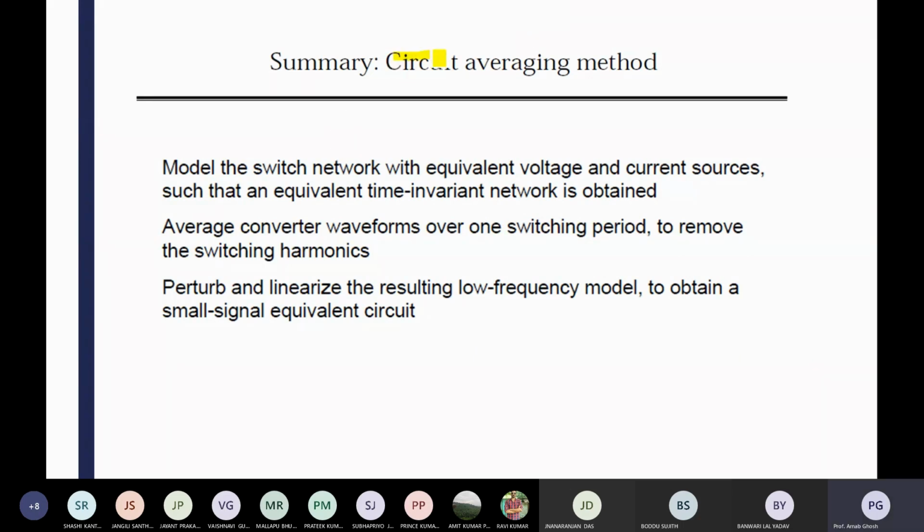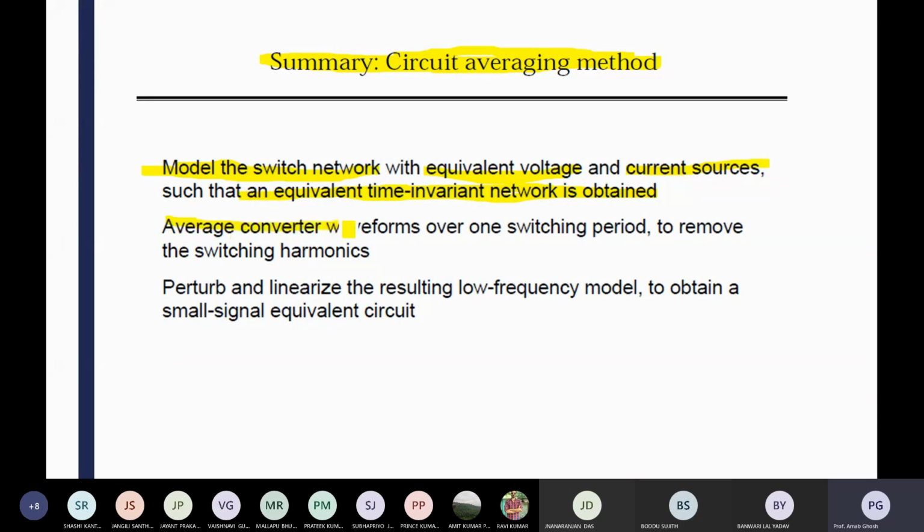In the circuit averaging method, the model of the switch network is replaced with equivalent voltage and current sources, such that an equivalent time invariant network is obtained. Time invariant means time is not changing.